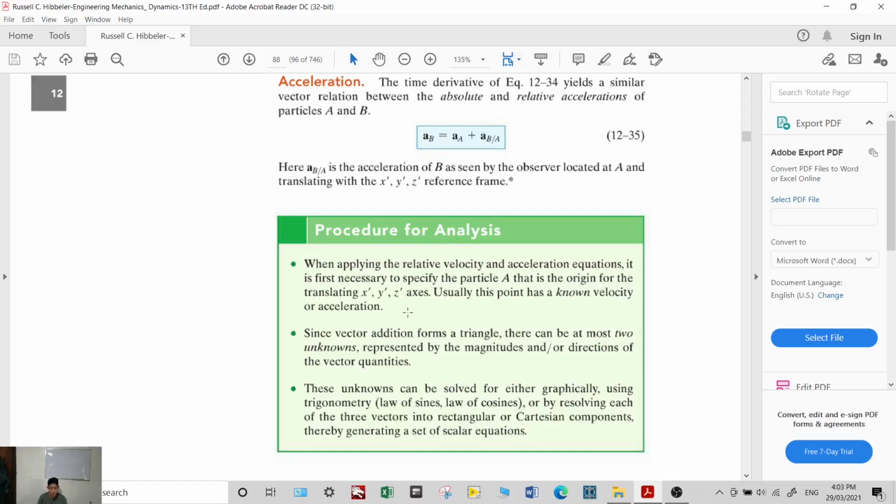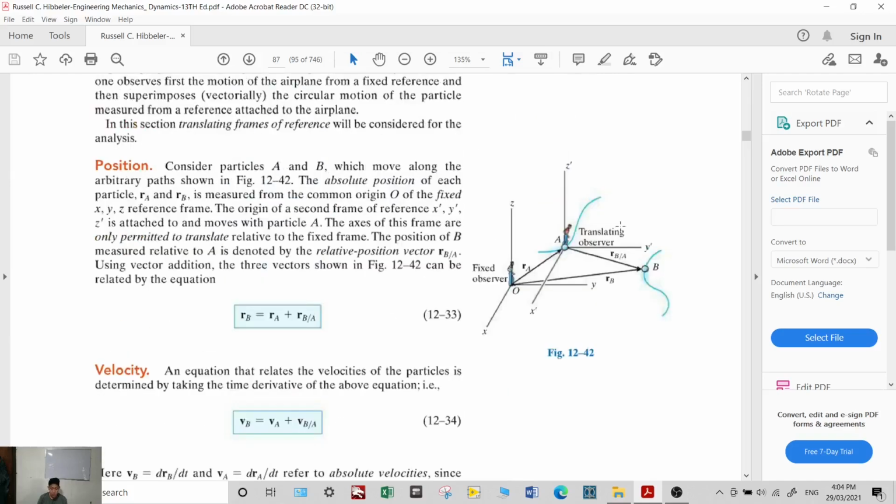When applying the relative velocity and acceleration equations, it is necessary to specify particle A as the origin for the translating x prime, y prime, z prime axis. We use particle A as the origin of the translating axis, as suggested. You can also place it at B, but for consistency, we place it at A.